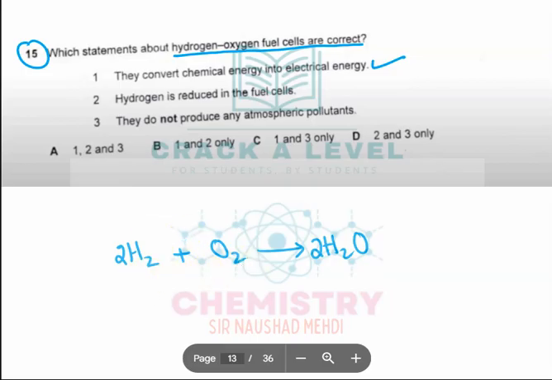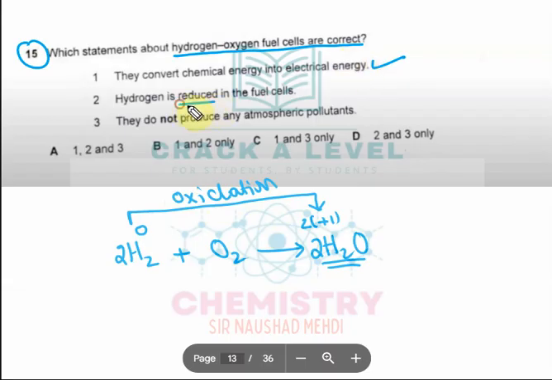Over here the oxidation state of hydrogen is 0, but in water the oxidation state of hydrogen is plus 1. So it's going from 0 to plus 1, which means it is getting oxidized, oxidation is taking place. Okay, so hydrogen is not reduced, it is getting oxidized. So this is not a correct statement.